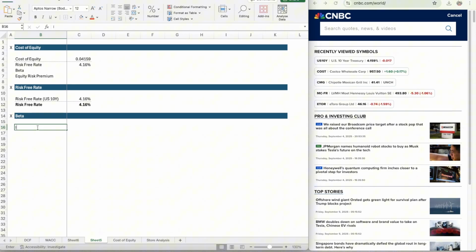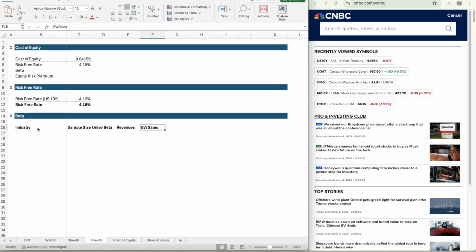So for the beta, we need the industry, then we need the sample size. The sample size is not really that important. Then the unlevered beta for that industry, then its revenues, then we need the EV to sales, the enterprise value to sales.